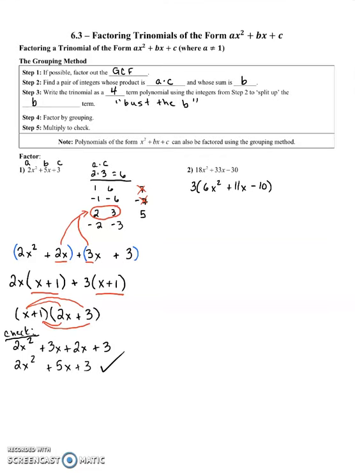Now remember, normally we would start with 18 as A, 33 as B, and negative 30 as C. But since we factored out a greatest common factor here, we can say that 6 is A, 11 is B, and negative 10 is C. So when we do our A times C, we get 6 times a negative 10, which is negative 60.